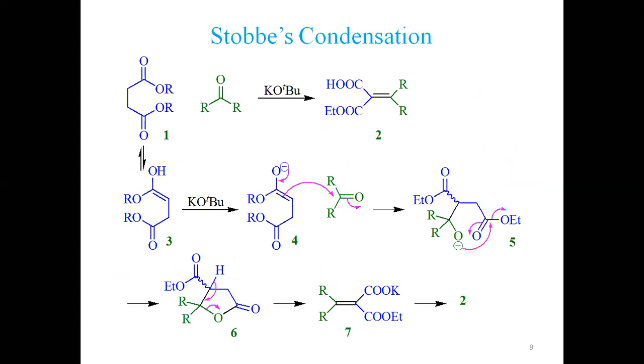Stobbe's condensation has a very unique feature in which we are using a dicarbonyl system like this one. It is not necessarily a 1,4-dicarbonyl or diester entity; it may be different from that. For example, potassium tertiary butoxide is used because it slowly generates the enolate.